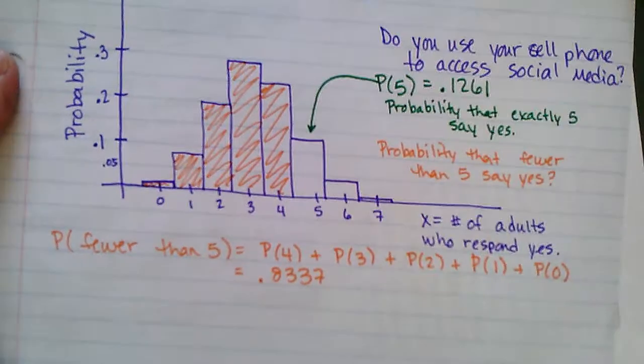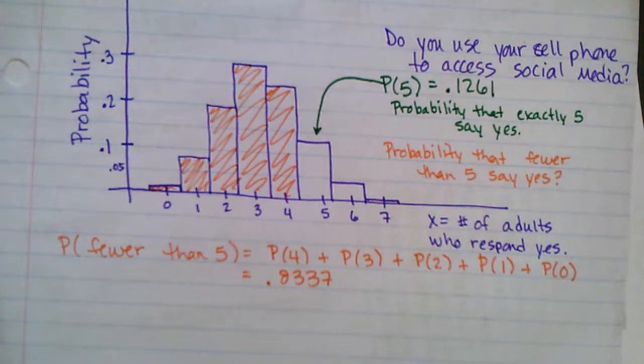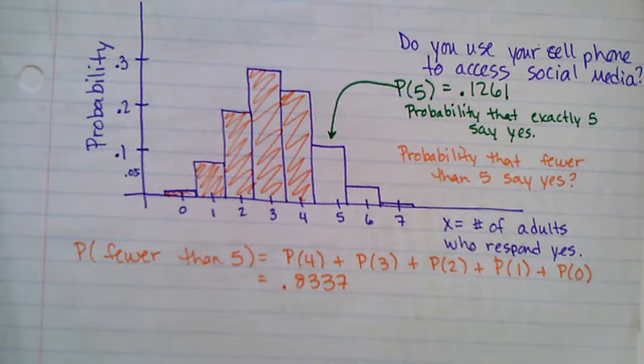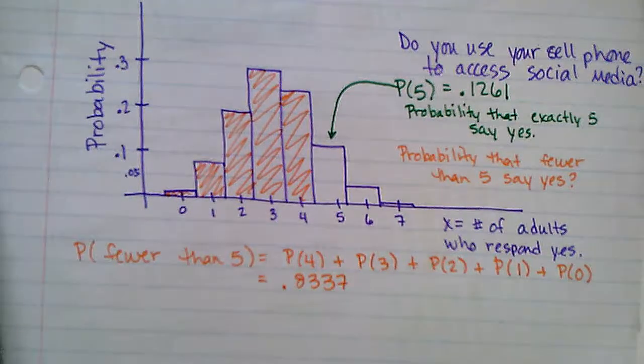But if you notice that I've had to add up 5 bars to get that number, there is actually another way to do that. Notice that I have 8 bars total, and I used 5 of them to figure that out. Now, the entire probability, if I added all of those up, the total probability should equal 1.